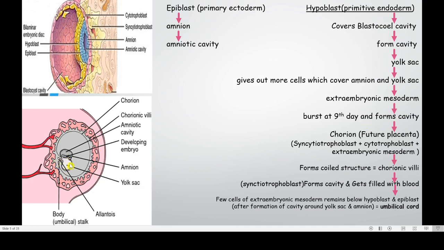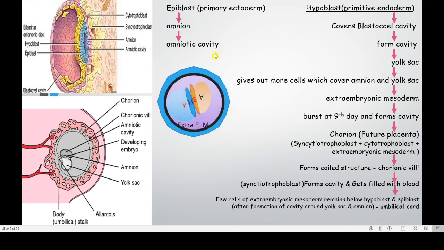Now this yolk sac again gives more cells, which then cover this amnion and yolk sac as well. That means it will cover everything. So that covering will be called the extra embryonic mesoderm. Okay, this is amnion, this is epiblast, yolk sac, then you will have the extra embryonic mesoderm.